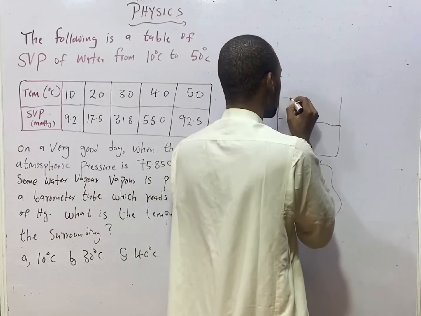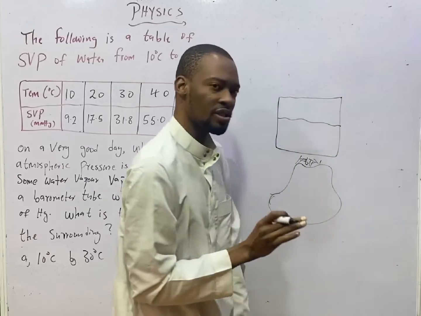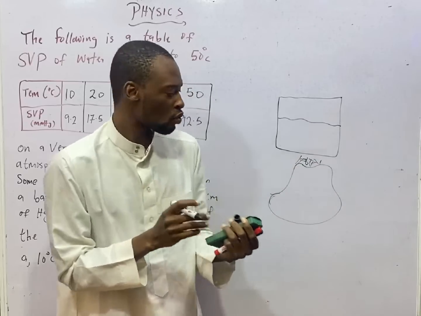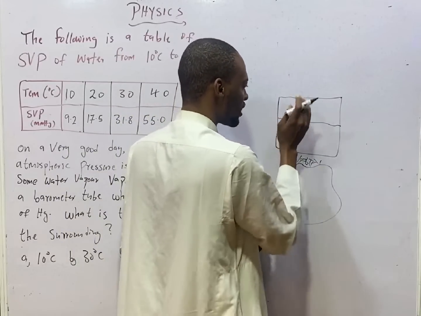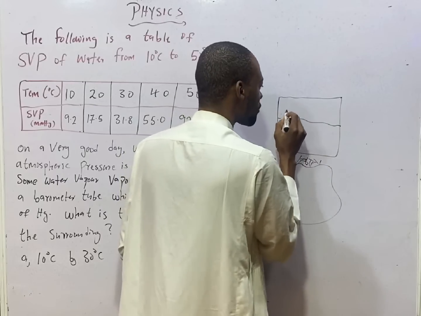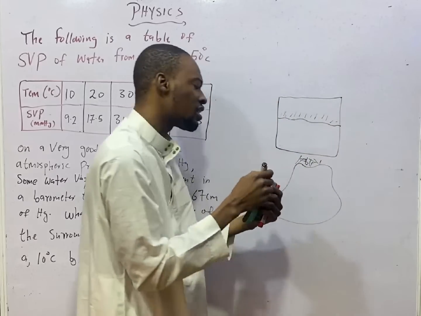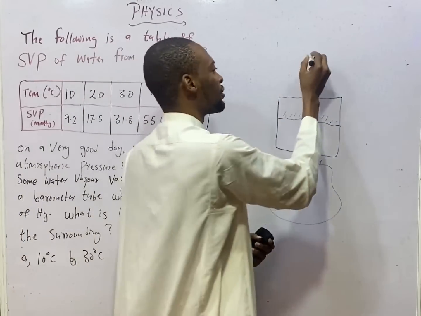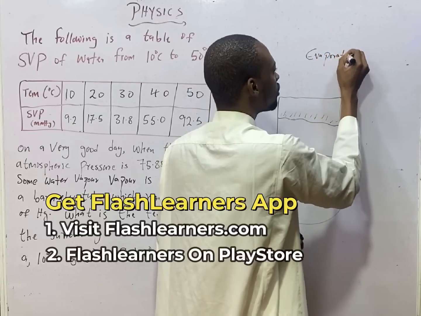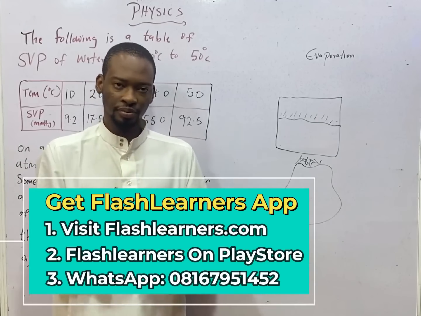If we close this, at 100 degrees Celsius, this water will boil and it will keep evaporating. At the top of this level, you see water vapor escaping. This process is referred to as evaporation, the change of state of matter from liquid to gaseous state.